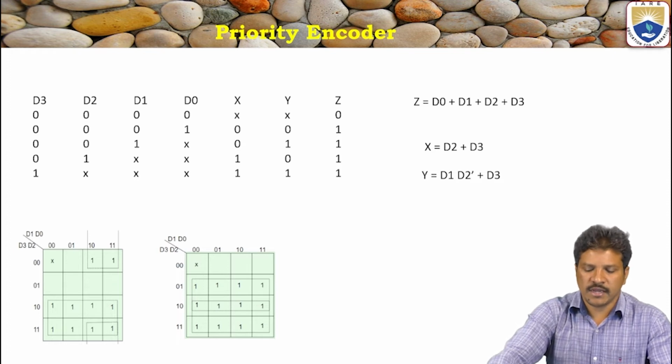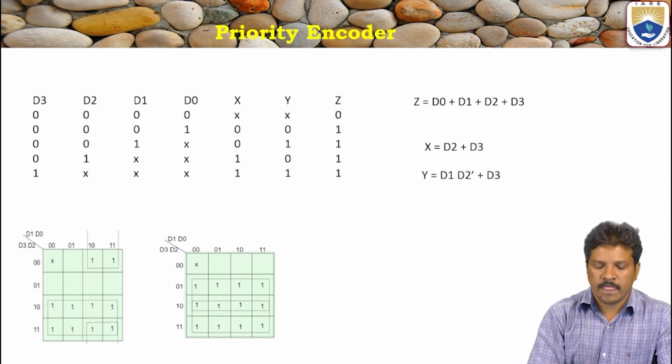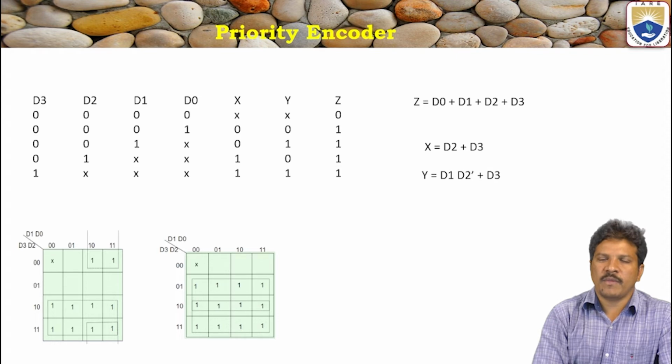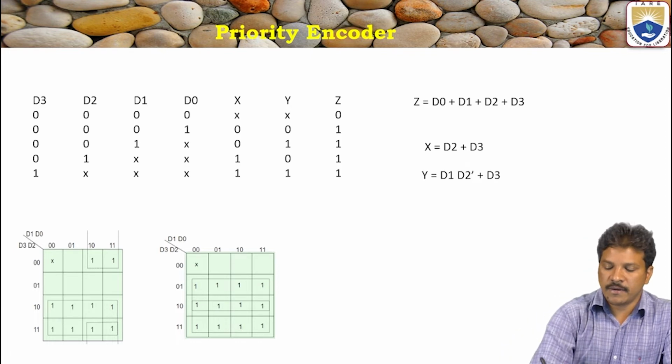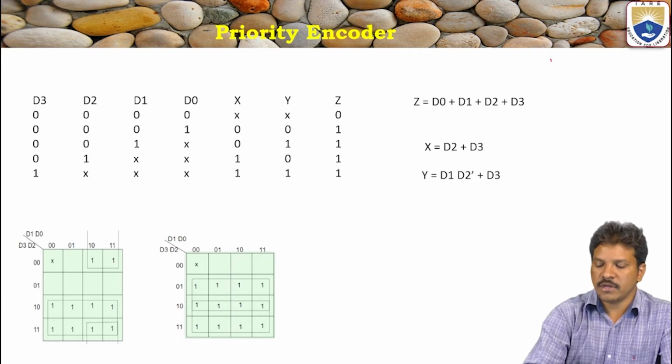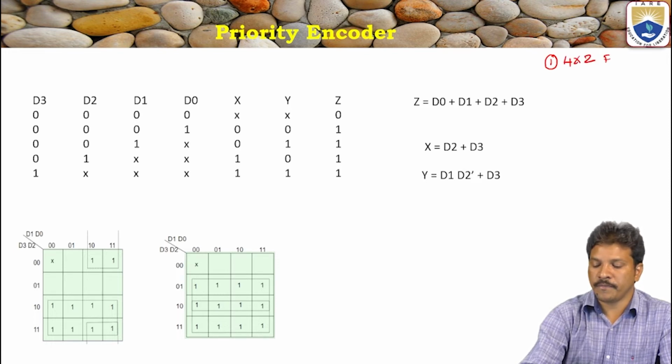If you see this, that is the priority encoder problem definition, and let us consider the design steps. The first step is the priority encoder for a 4x2 encoder.